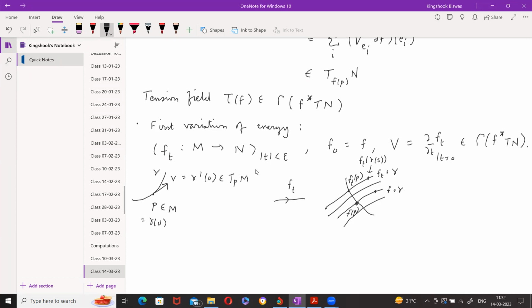So if I look at df_t of v, this will be a tangent vector at f_t of P, right? Yes. So this t goes to df_t of v.